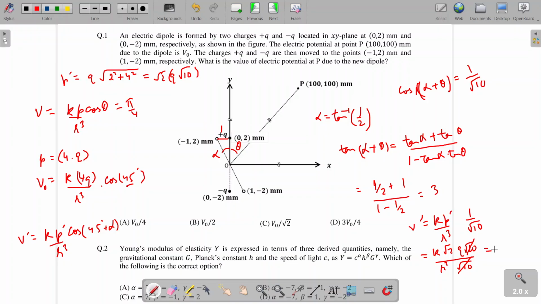So this is root 2 kq by r cube, and V naught is 2 root 2 kq by r cube.